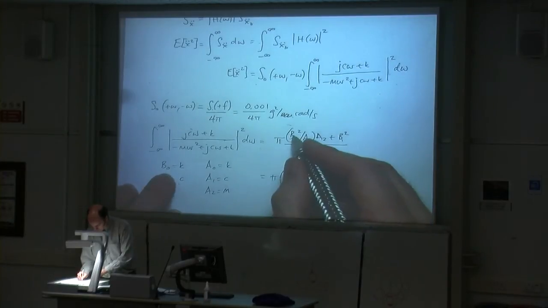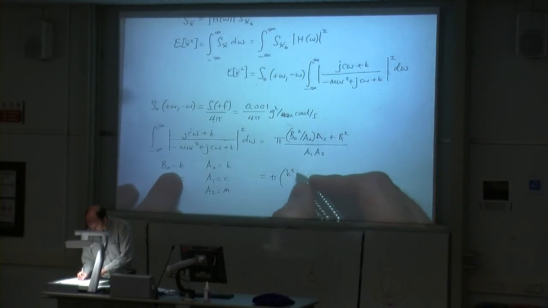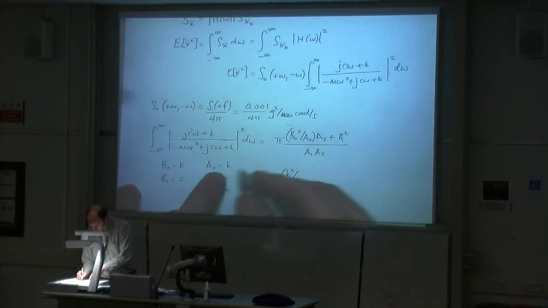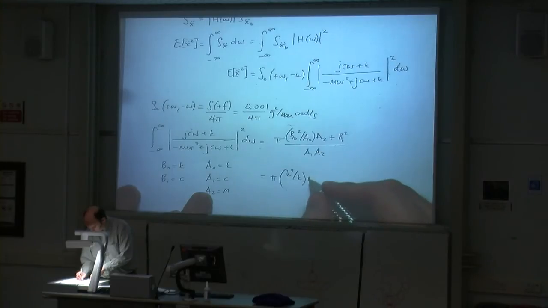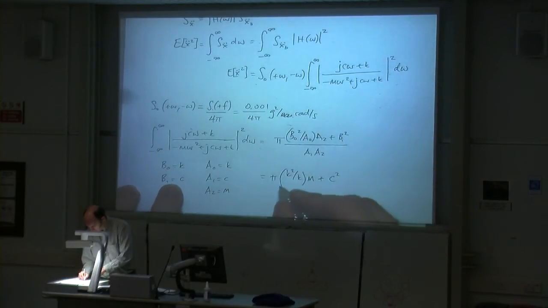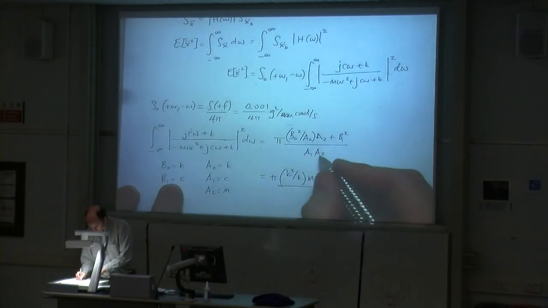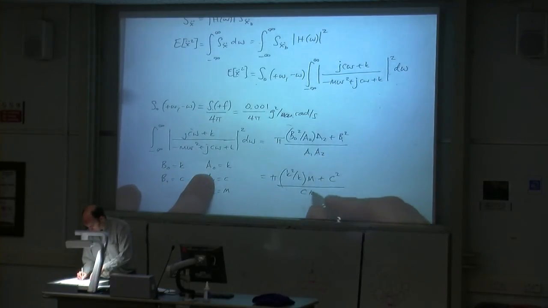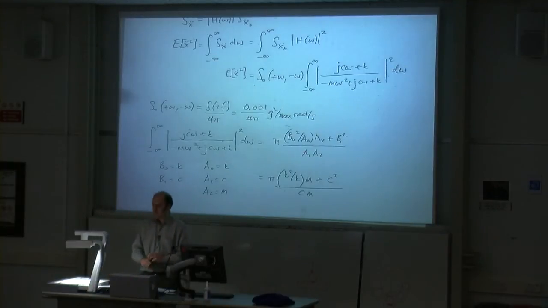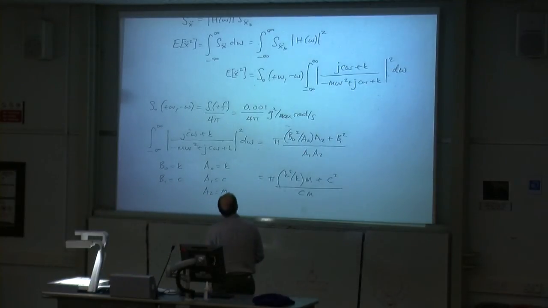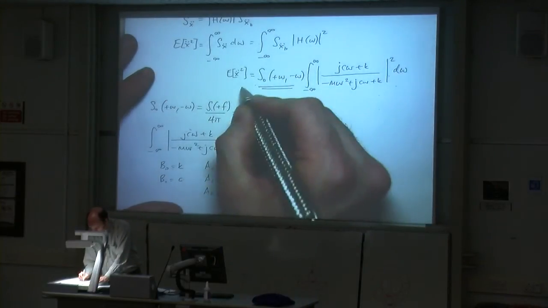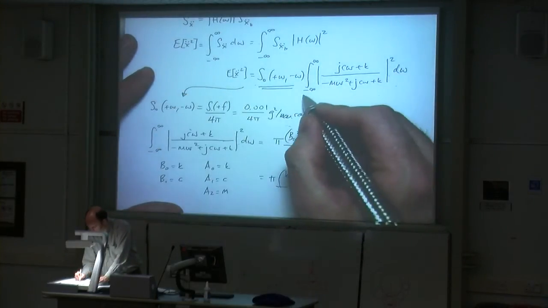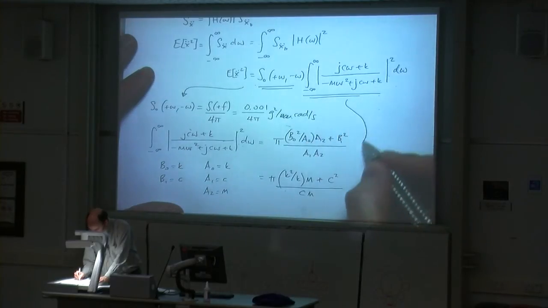We've got b naught squared, so that's k squared, divided by a naught, which is k, multiplied by a2, so that's m, plus b1 squared, so that's c squared, divided by a1, a2, so that's c times m. So we've got a solution to this bit, and we've got a solution to this bit.